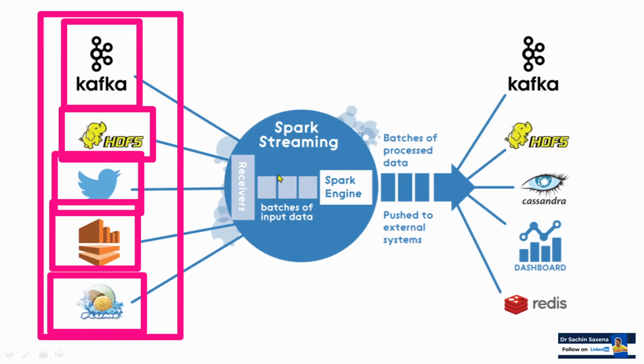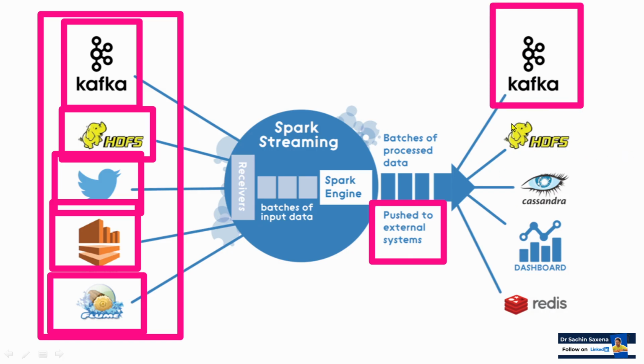They are just divided into batches of input data, and finally the process is there and pushed to external resources. Then it is writing my data into Kafka. Again, this is the output where I am writing my data set, and then I'm going to create this output in HDFS.